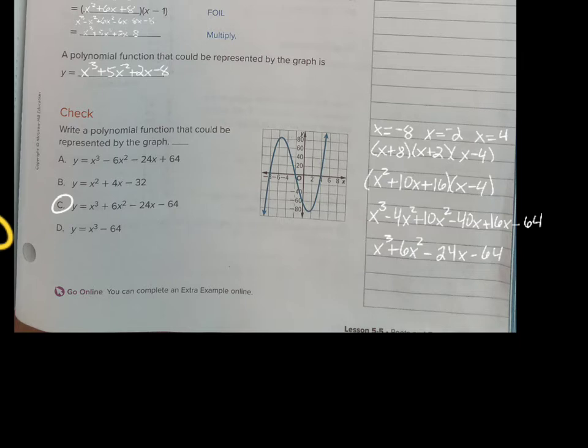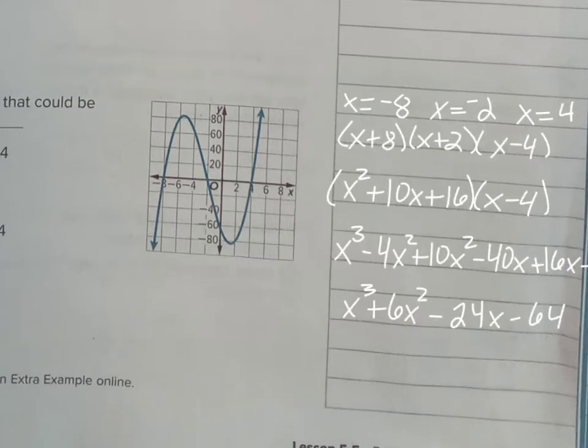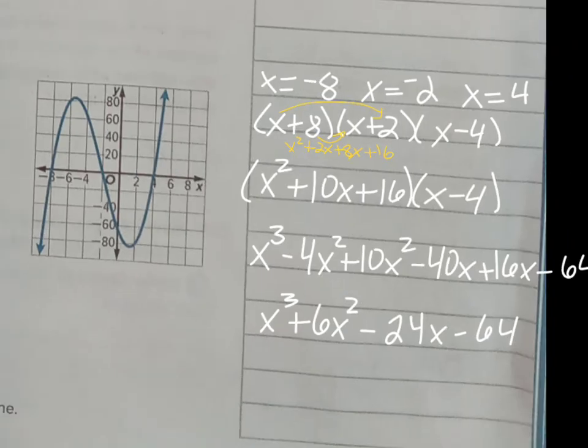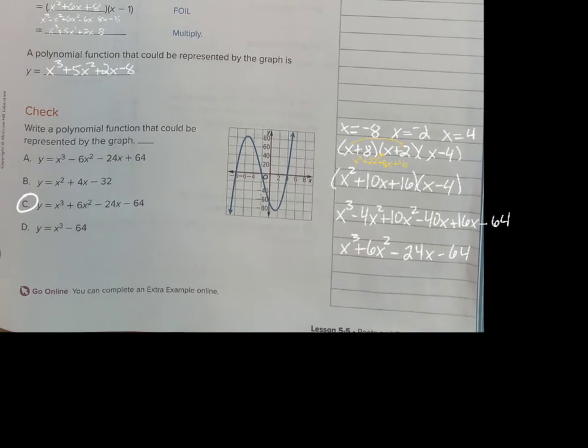How'd you get 10x? So right in here, I have x squared plus 2x, and then plus 8x. So yeah, there's a 2x, there's the 8x. All right, is that okay? One more.